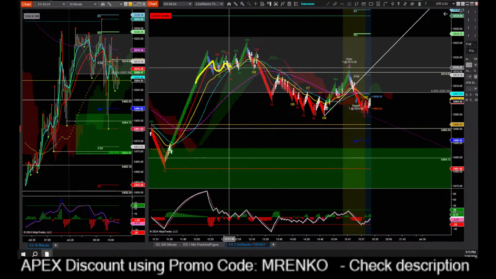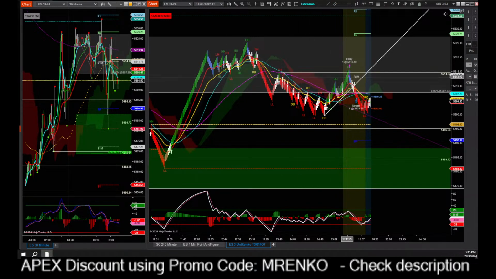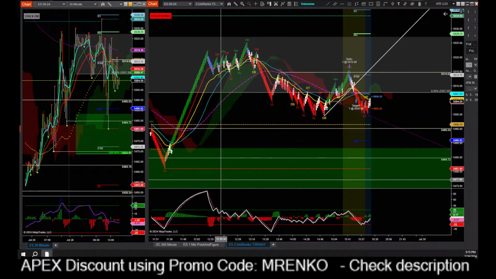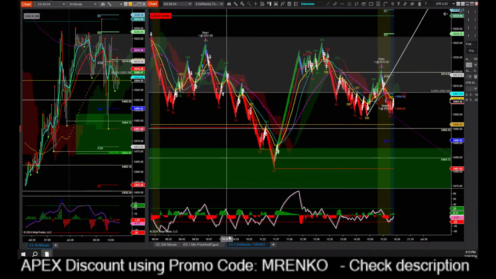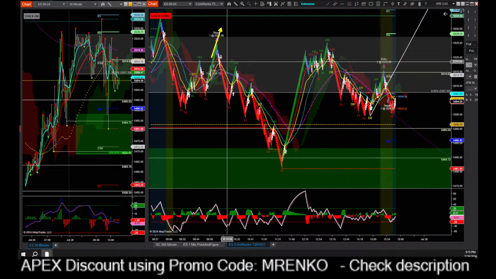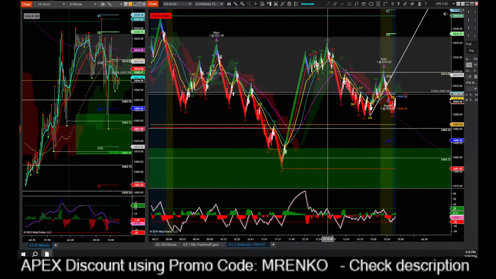So you have higher highs and higher lows, a lower high, and then a break right there. Okay, so those are the two trades I took. One that didn't work, and then this is the one that I took all the way to that value over there.